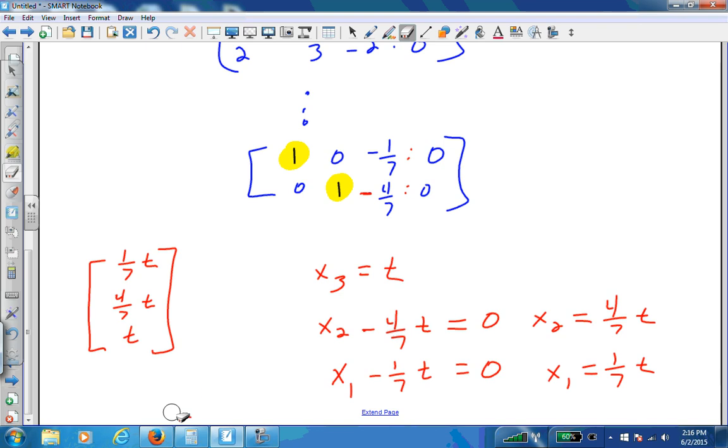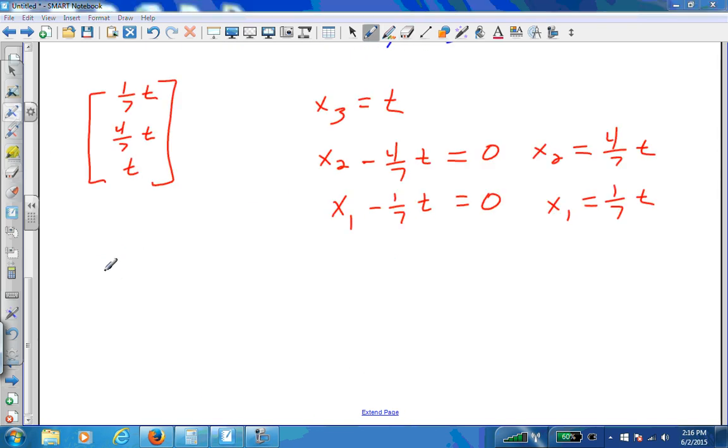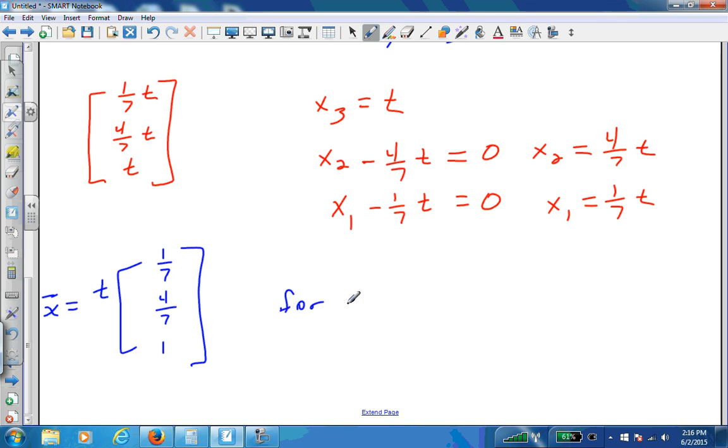Let's see, let's go down. One seventh, 4/7, 1. So for any t that you pick, you can take that scalar times this vector, and that will give you an x that is a solution to this system of equations.